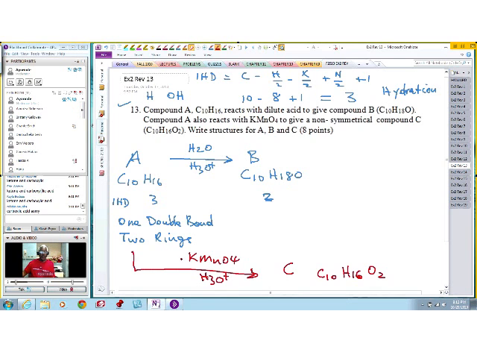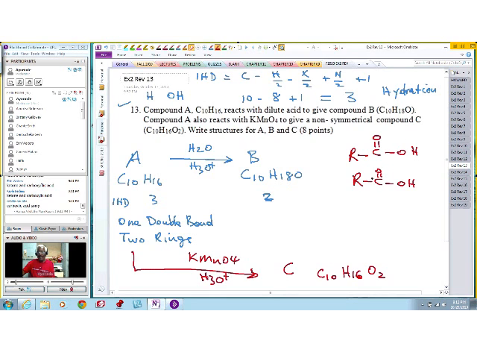So what do we have here? We already told you compound A has a double bond, right? Compound A has a double bond, and then it reacts with this to form compound C. And how many oxygen do we have here? We only have 2 oxygen. If it cleaves to form carboxylic acid, in that case, we should have 4 oxygen.